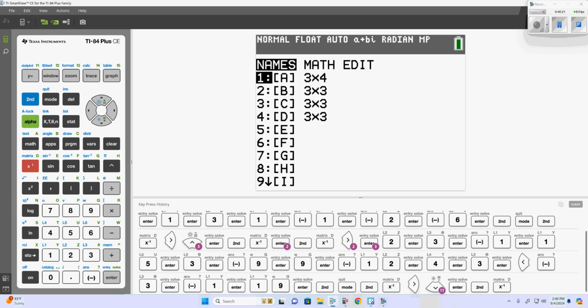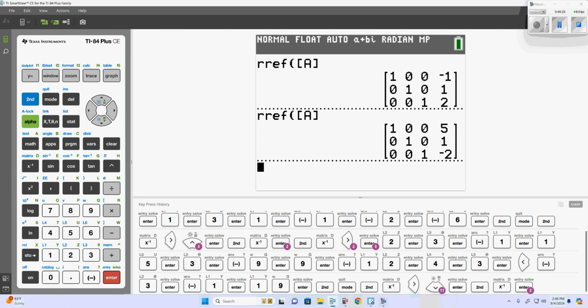Then second matrix, A, enter. You need a matrix there. So second matrix, we need something there. Second matrix, enter. So it's A. We're applying it to A, enter.